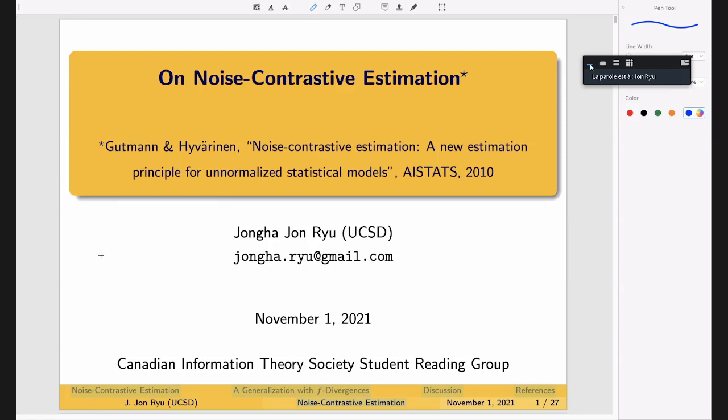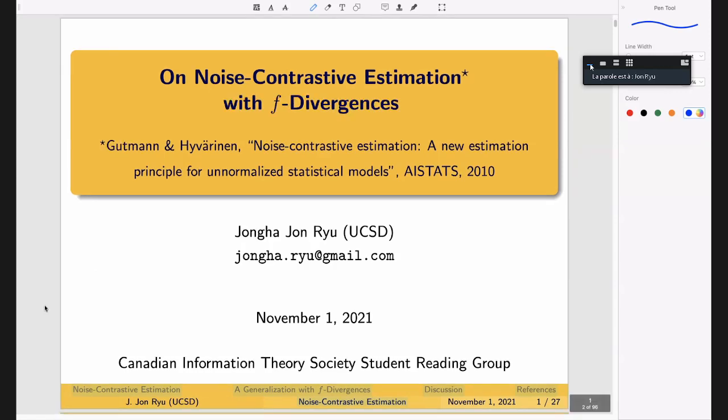I hope you enjoy this talk. On top of this, I'm going to add an additional personal perspective on this framework, which is based on F divergences. Let's see how it's going to work.